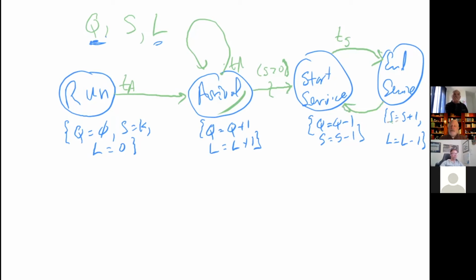And if there's somebody waiting in the queue, then you want them to be served. So the condition is we will only do that if Q is bigger than 0. In other words, if there's somebody waiting in the queue when we finish service on a customer, then we will schedule another start service event.